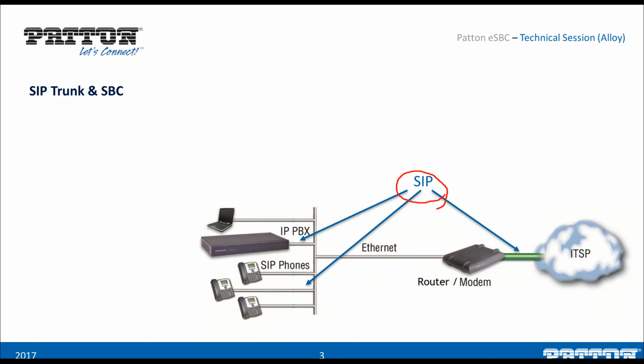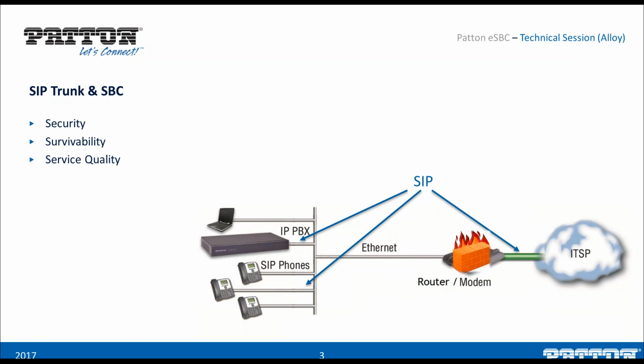You should be able to connect to PSTN on both sides. In case PSTN is not available, you should be able to connect to SIP, and if it's entirely a SIP environment, you should be able to take care of the survivability and the service quality of the voice network. So basically security, survivability, and service quality. These are the main three aspects which this device has to take care of.